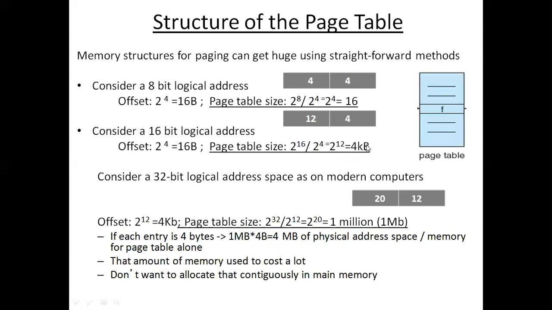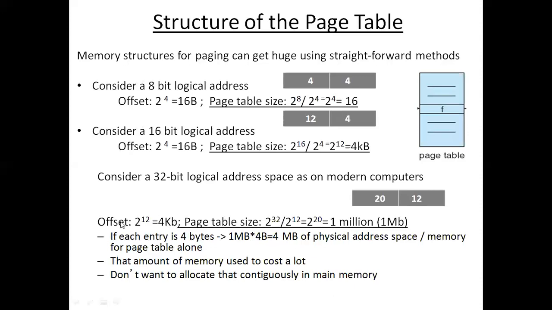Now let's move on to modern computers where the logical address is 32-bit or 64-bit. Let's consider a 32-bit logical address, where 12 bits are for the offset. So 2 to the power of 12 represents the offset, and 2 to the power of 20 represents the page number.